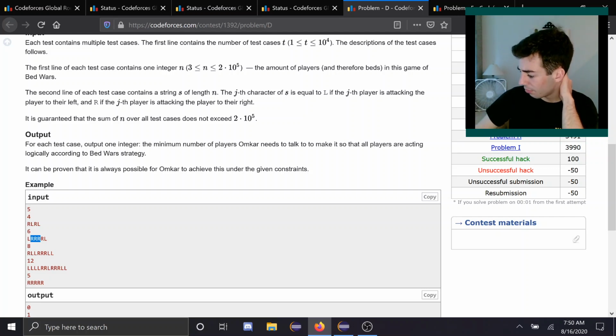And you should be facing left. Okay. So you can either implement this, or implement this.